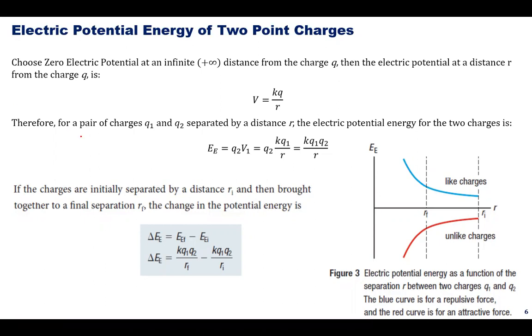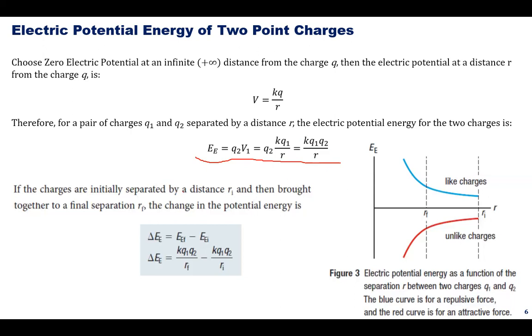Therefore, for a pair of charges Q1 and Q2 separated by distance r, the electric potential energy for the two charges is given by this formula. The electric potential energy EE equals Q2 times V1, which is Q2 times kQ1 over r, which is kQ1Q2 over r.